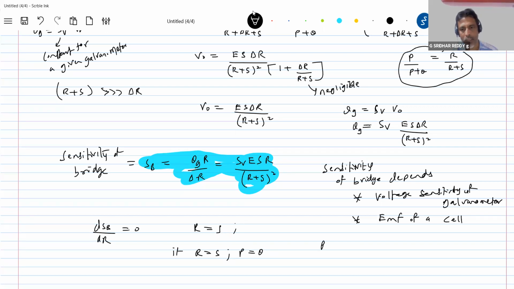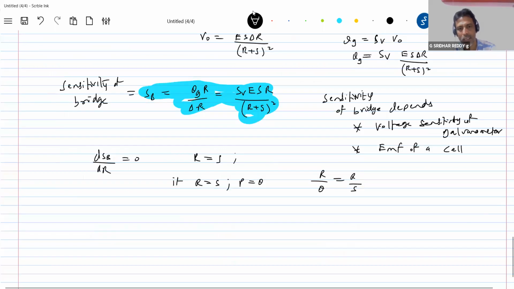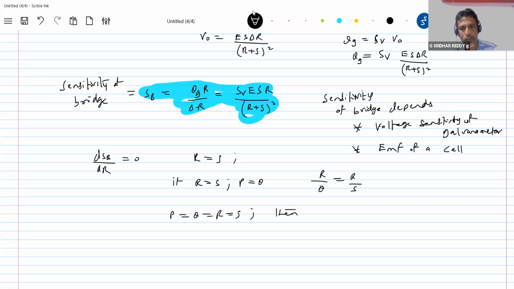According to the formula, P by Q equals R by S. If R equals S and P equals Q, then P equals Q equals R equals S, and the sensitivity will be maximum.